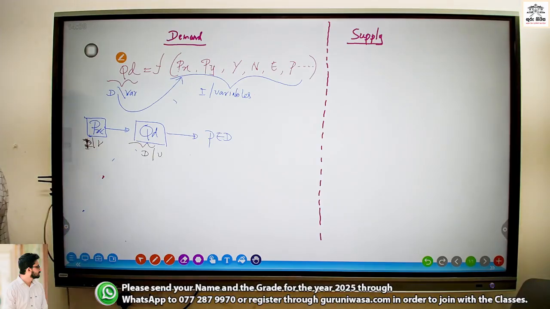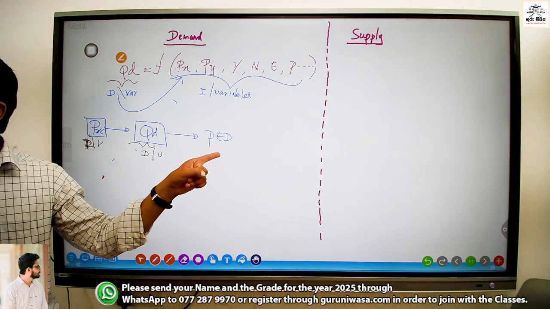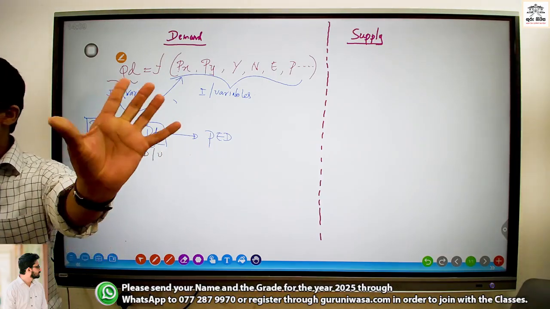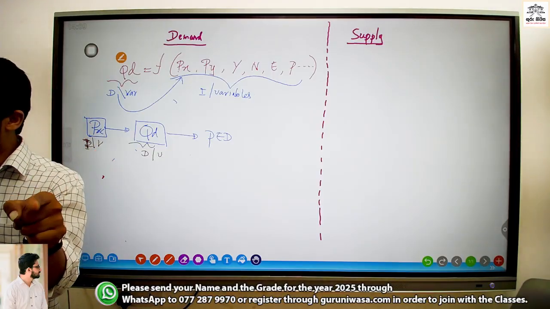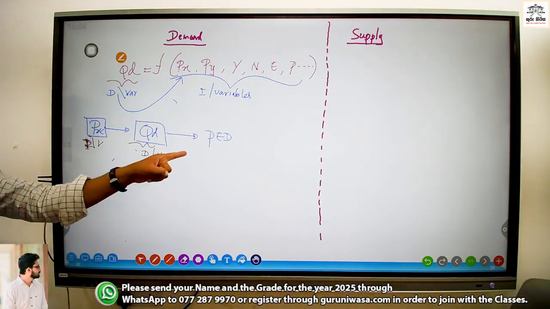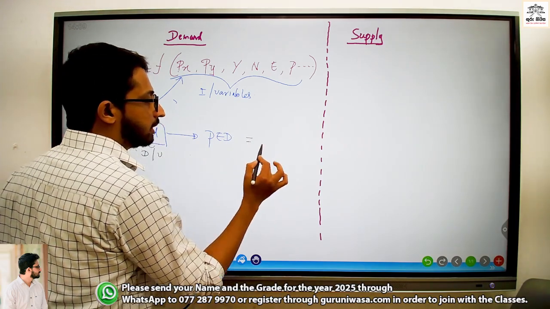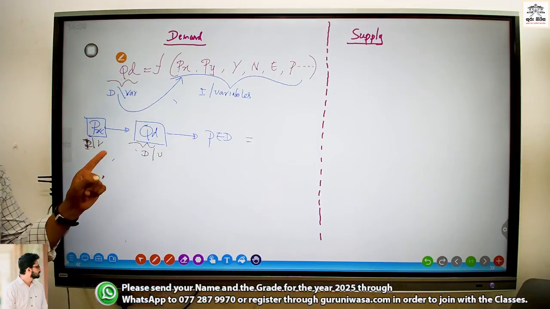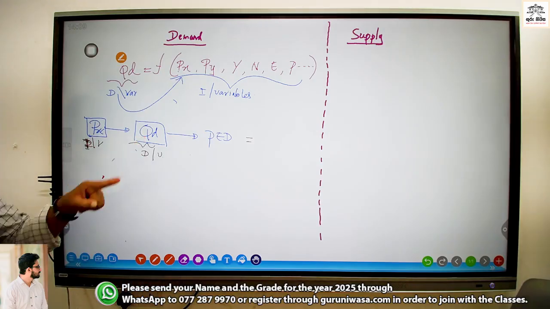Now, can you make your own equation for price elasticity of demand? What is the original equation for elasticity? The universal formula: percentage change in dependent variable divided by percentage change in independent variable. Then make your own equation. PED equals percentage change in dependent variable. What is the dependent variable here? Quantity demand.